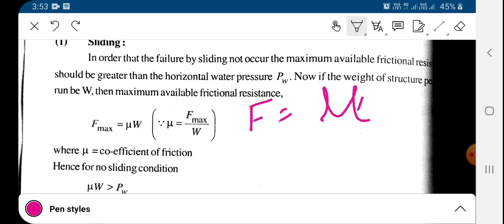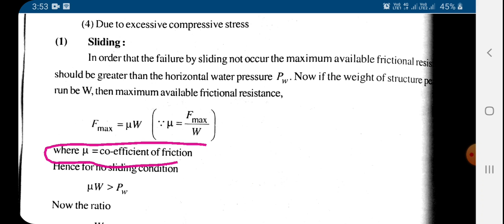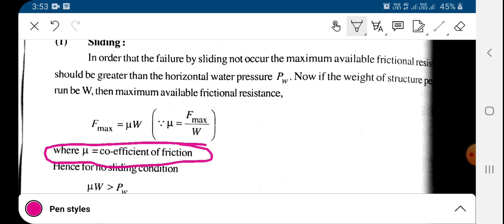Mu is what? In this case, mu is nothing but the coefficient of friction. So this is the frictional resistance.